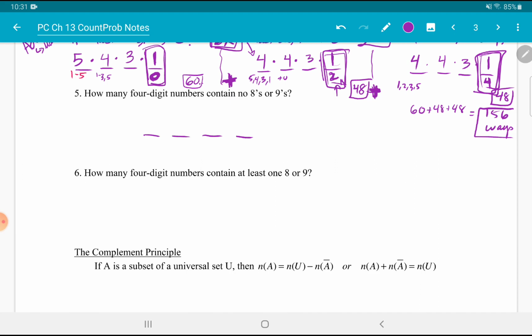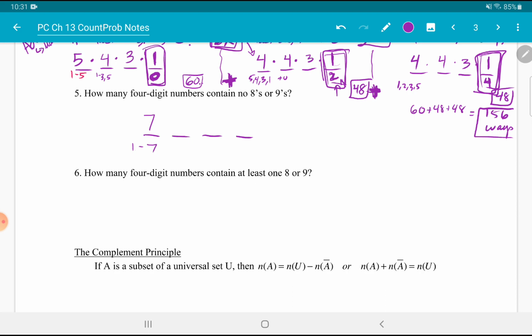Now, because we can't have any 8s or 9s, we know that the choices we have in the first spot would be something like 1, 2, 3, 4, 5, 6, 7. Basically, you can pick 1 through 7. So you can't have any zeros there, otherwise you have a 3-digit number. So you can see here you have 7 choices in the first spot. In the next spot, now you actually can have zeros, right?